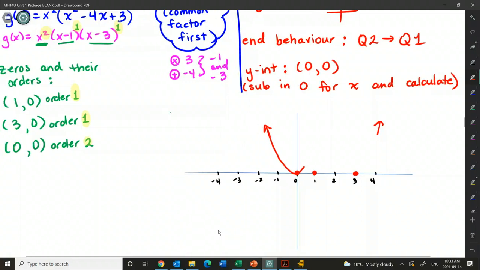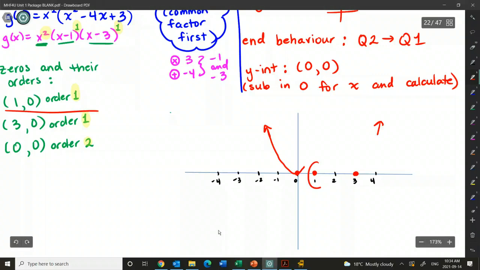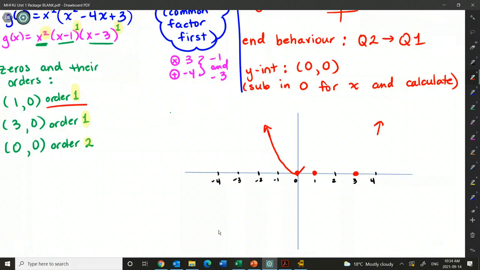My common sense tells me if I then have to cross the next 0 here, I'm probably going to have to turn the graph around, right? It's going to have to turn there. There's going to be a curve there somehow. And I know that when I go through this, it's going to be order 1. So I'm going to go right through the x-axis there. So turning and going through the x-axis.